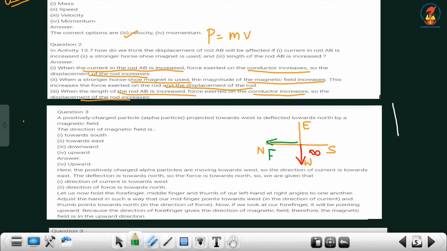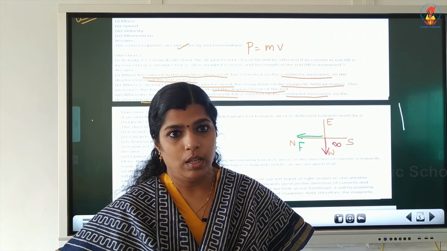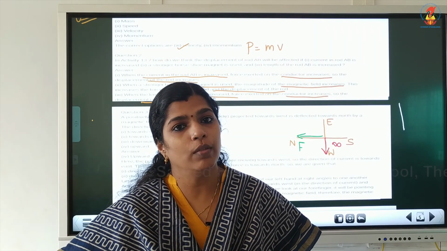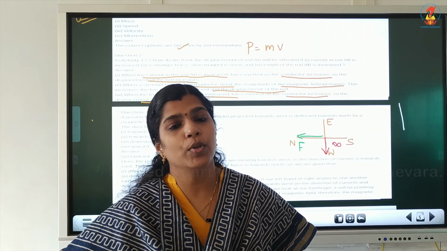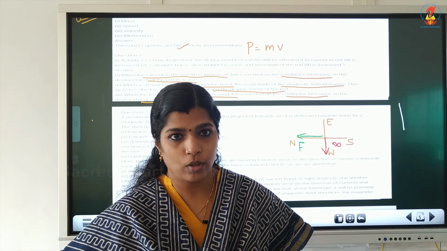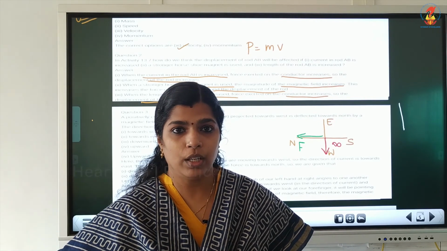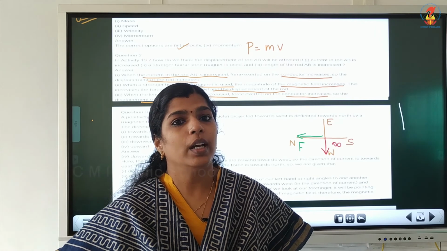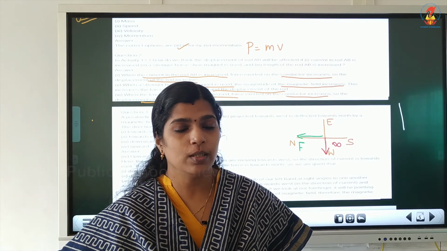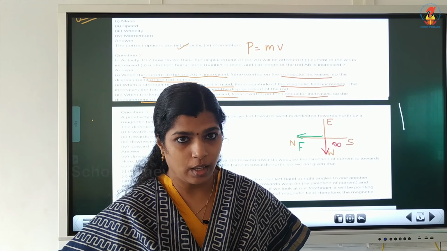So the direction of a proton, that is a positively charged particle, is taken as the direction of conventional current. We take the direction of conventional current just opposite to the direction of flow of electrons. Electrons have negative charge, so the direction of positive charge is considered to be the direction of electric current.